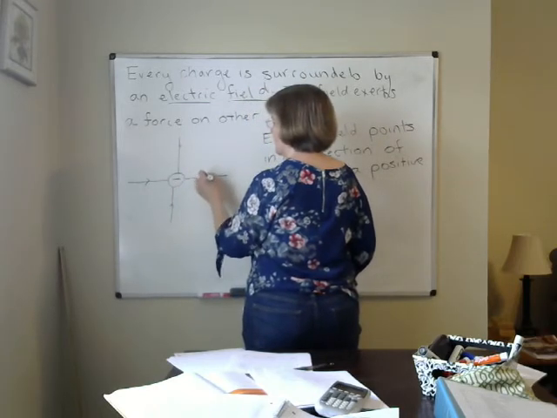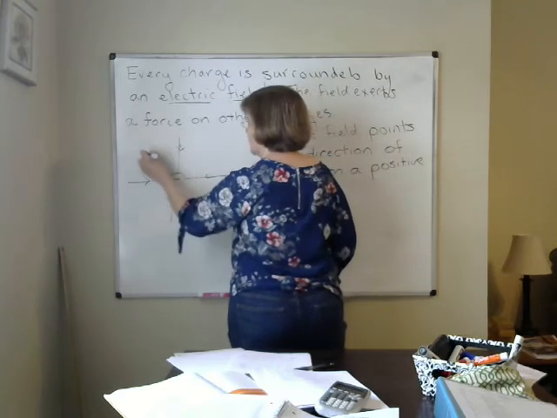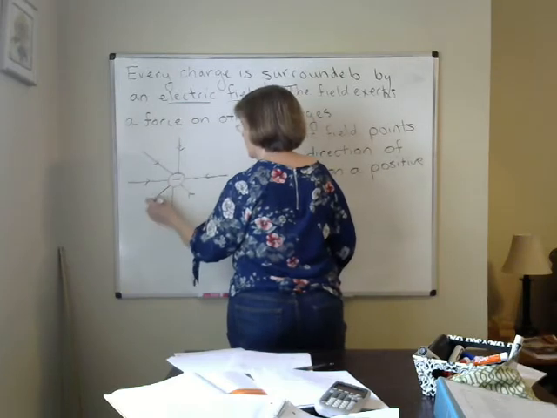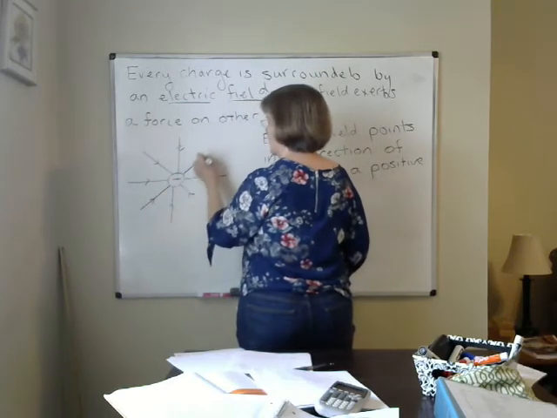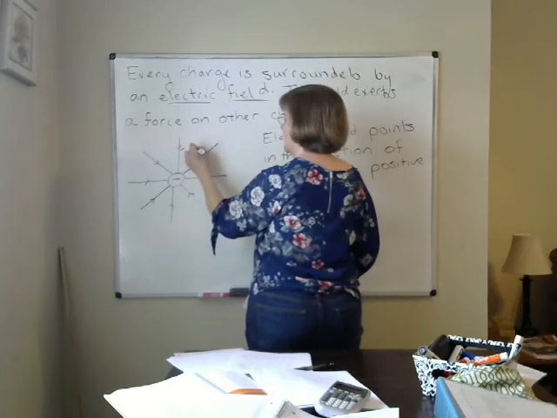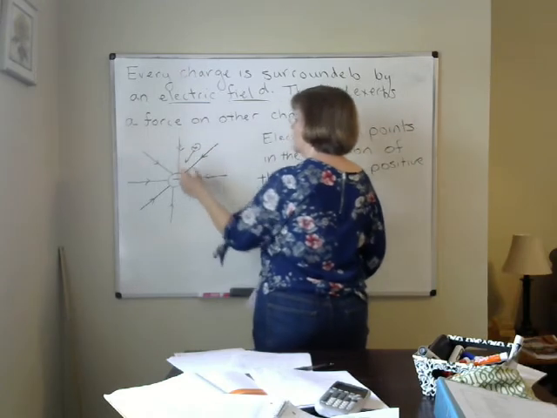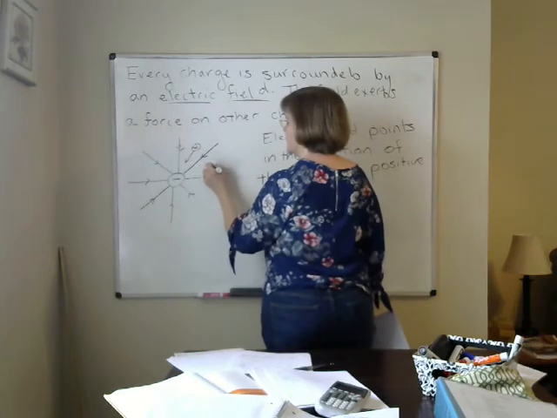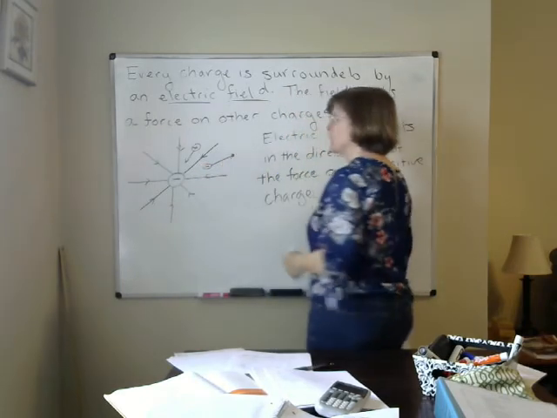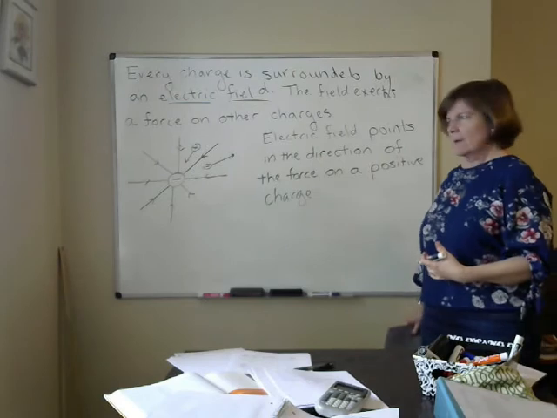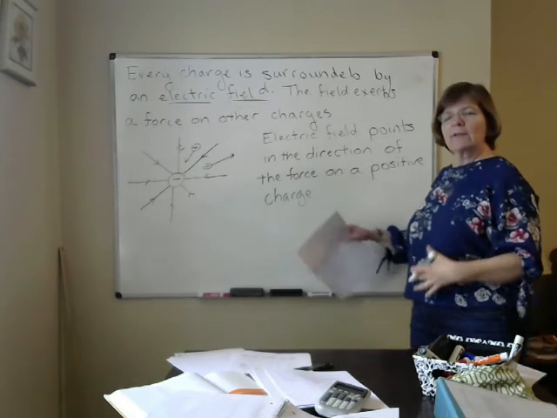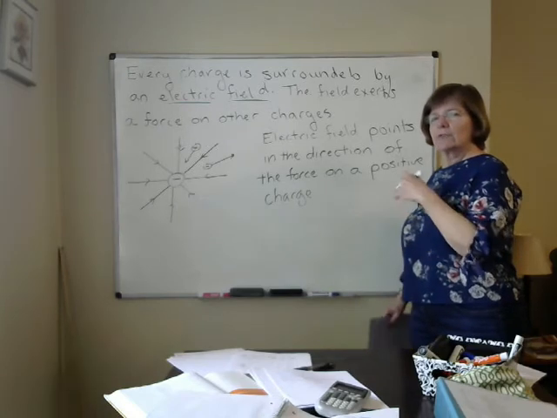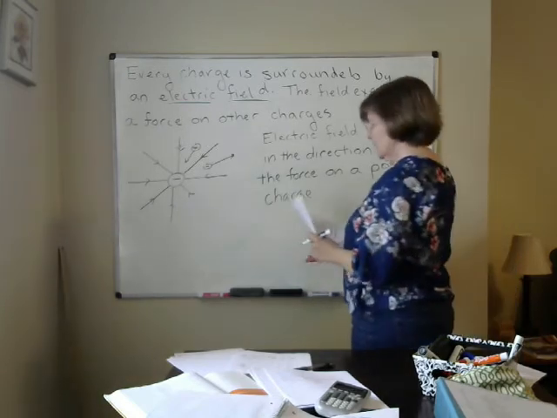So when we draw electric field lines for negative point charges, they look like this. And of course they look like that because we know a positive charge will feel pulled that direction, whereas a negative charge always is against the electric field, it feels a force that direction. Okay? So we can see how the direction works. The direction of the electric field is the direction of force on a positive charge.